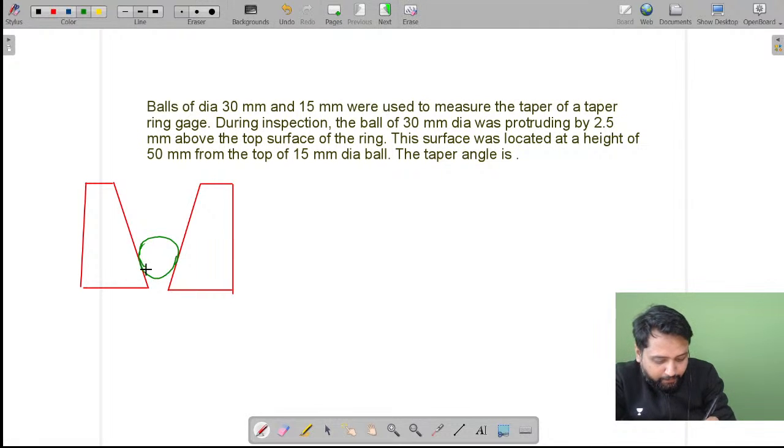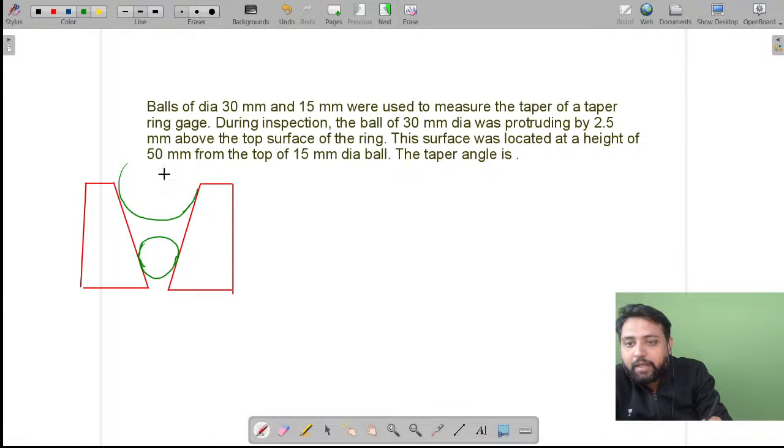This ball has this 15 mm diameter, and then the other ball, which has this 30 mm diameter, they are saying is protruding, meaning it is sticking out. Let us say this is that ball.